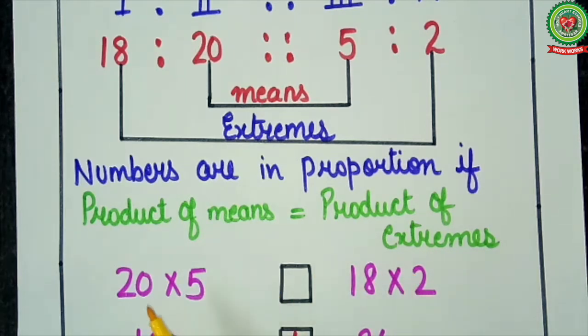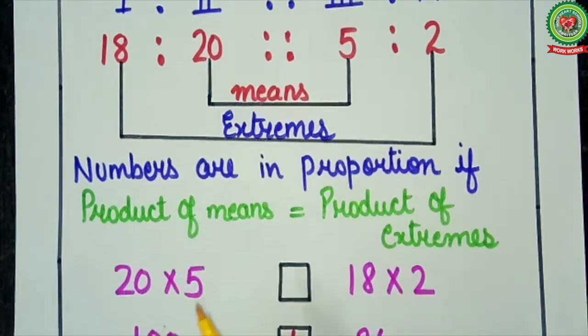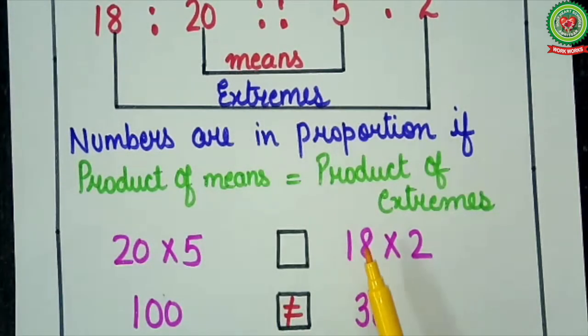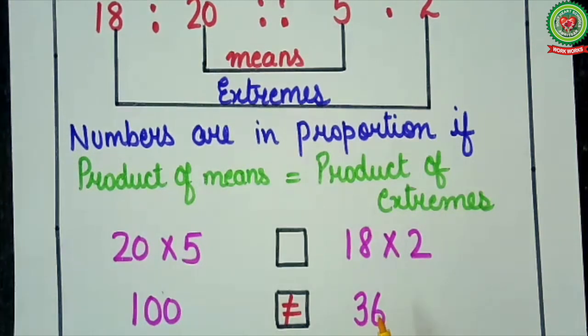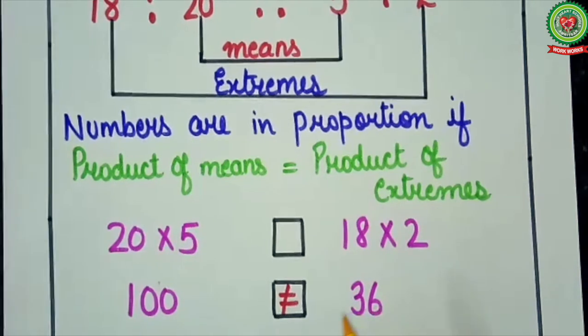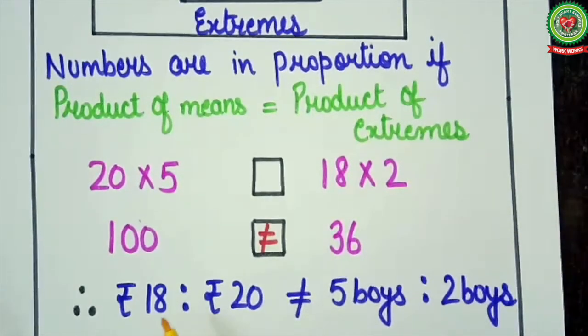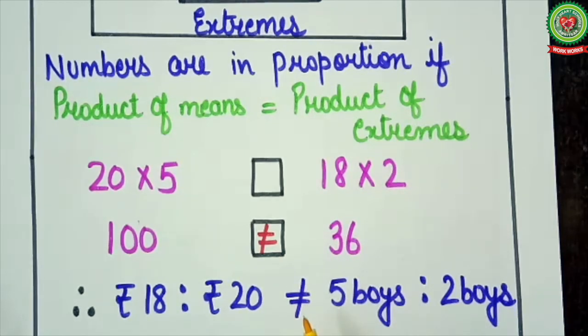Tell me what is the value of 20 times 5? That is 100. And 18 multiplied by 2 equals 36. As we know, 100 is not equal to 36. Therefore, rupees 18 ratio rupees 20 is not equal to 5 boys ratio 2 boys.